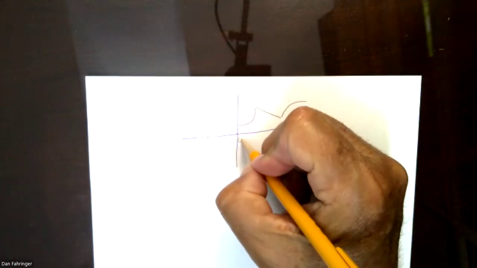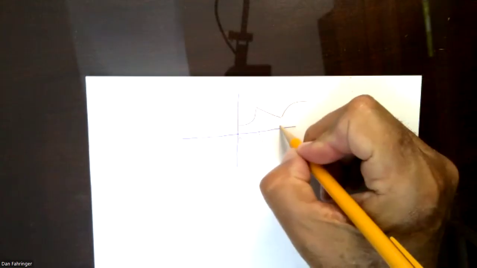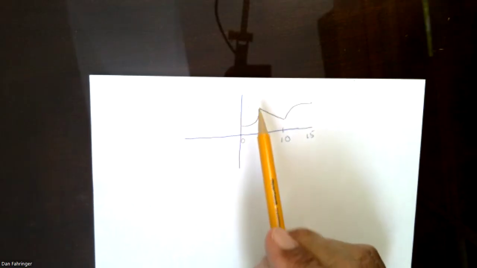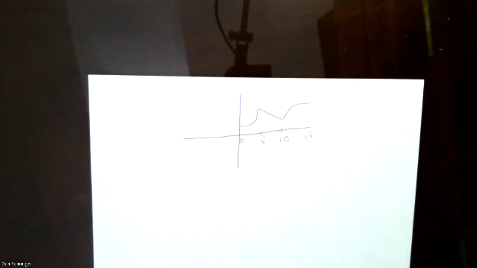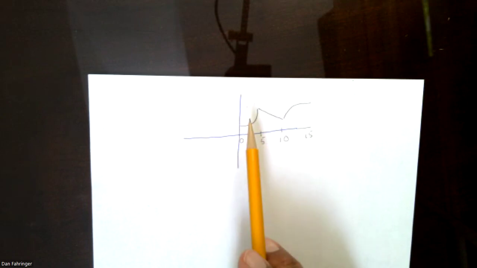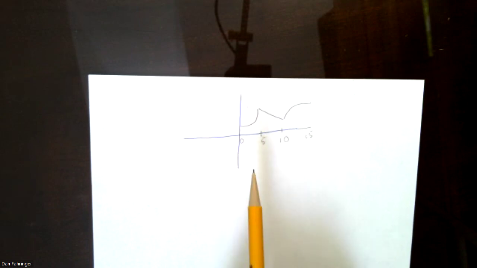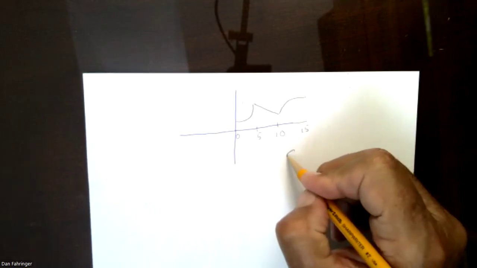Then you start saying, okay, if this is 0 and this is 5 and this was 10, and we got to this point at 15, from 0 to 5, how could I make predictions? And then you would come up with an equation, and then you would just specify it from 0 to 5. So that's where you started to get this piecewise function.